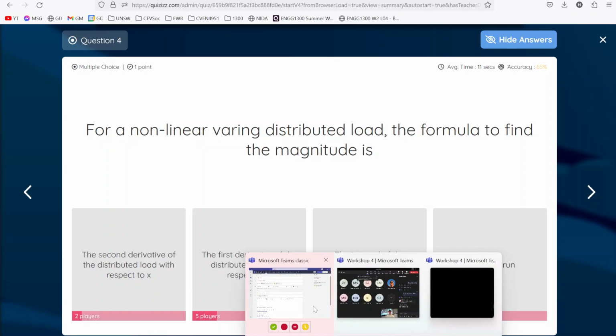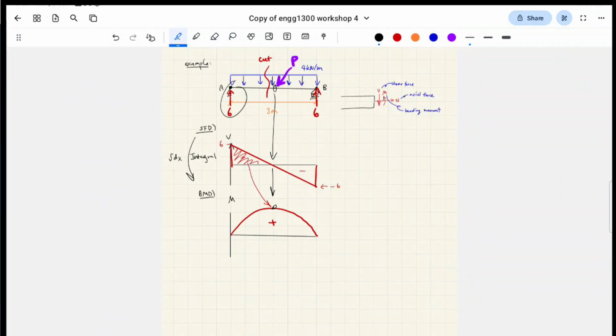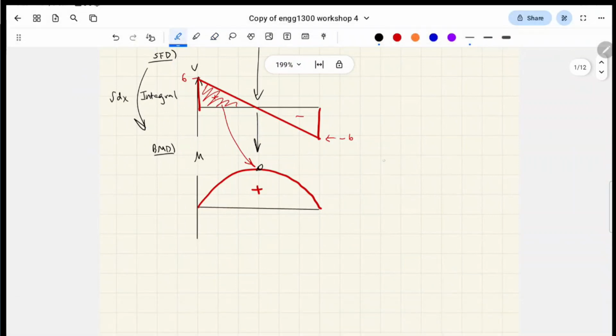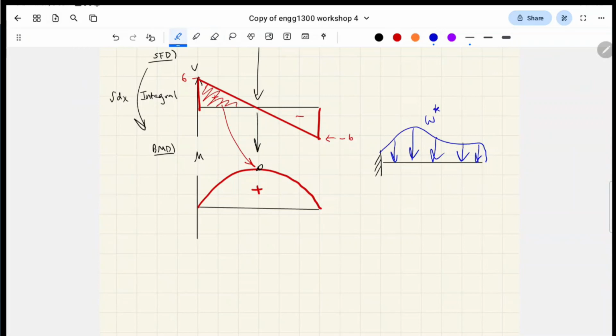Okay, let's go to Discord here. So for reference, that looks something like this, right? So say we have a cantilever beam, right? Fixed end, free end on this beam. If we have a distributed load that looks like that, for example, that's an example of a non-linear varying distributed load.